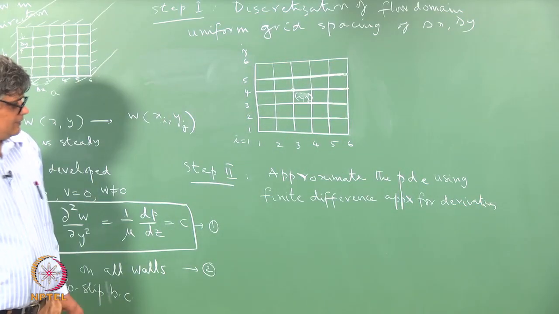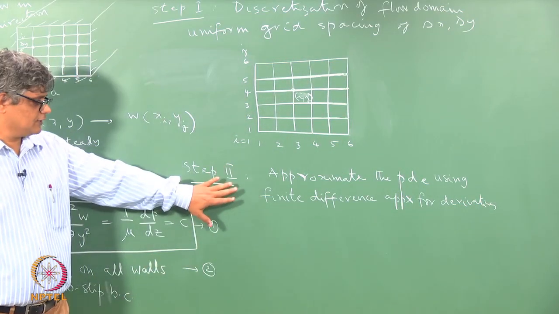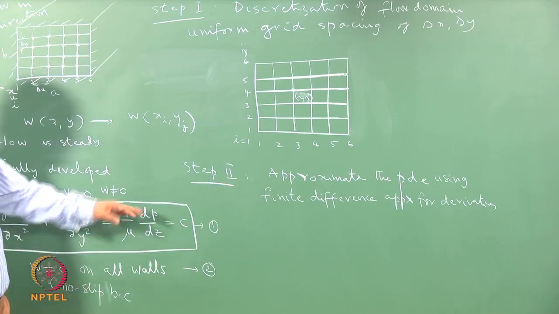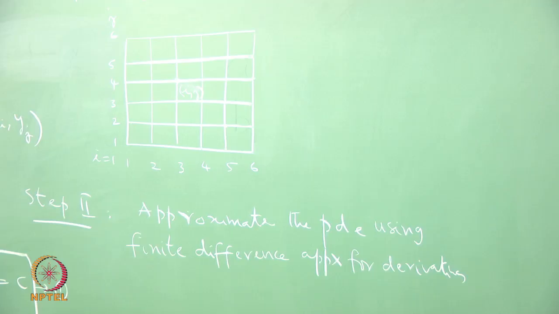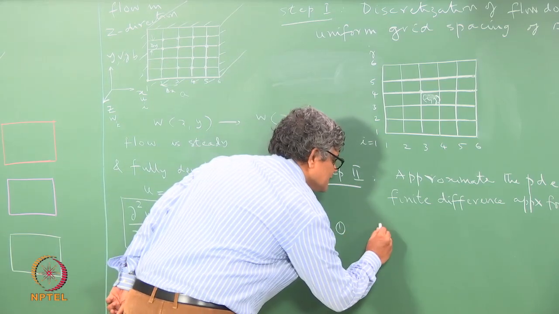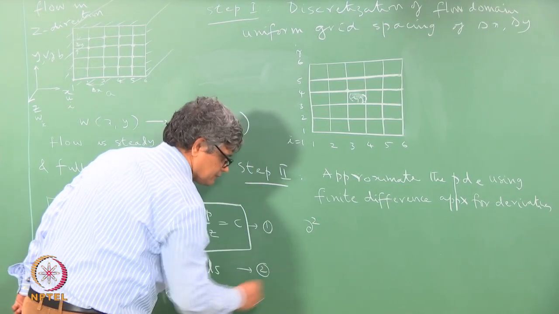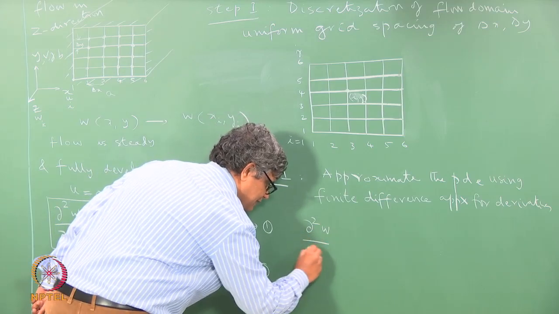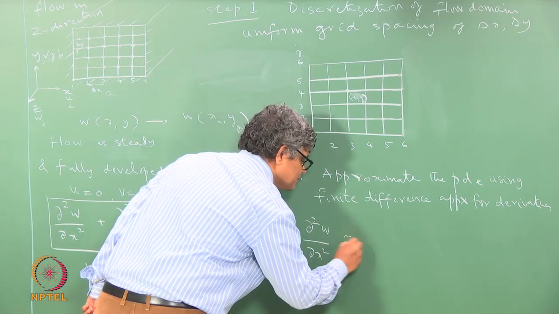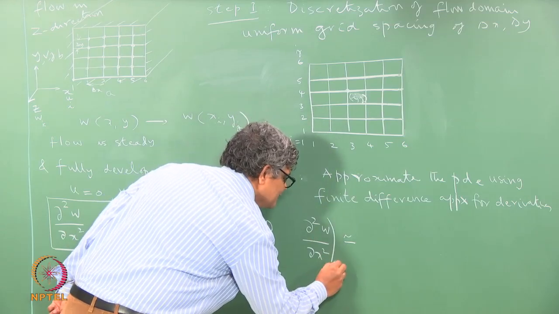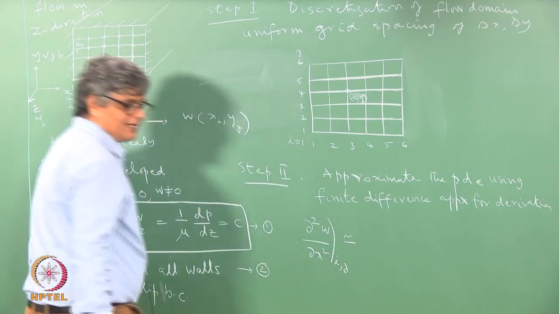So, at this stage you may not know what these finite difference approximations are. We are going to do that in a couple of weeks time, but let us just assume that we can write an approximation for del squared W by del x squared at point i, j.